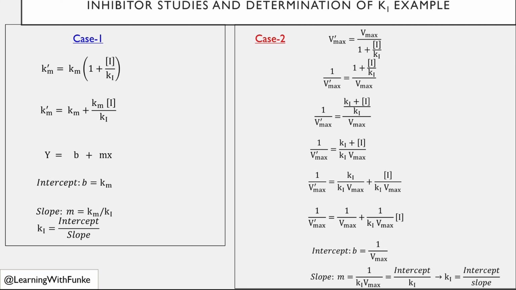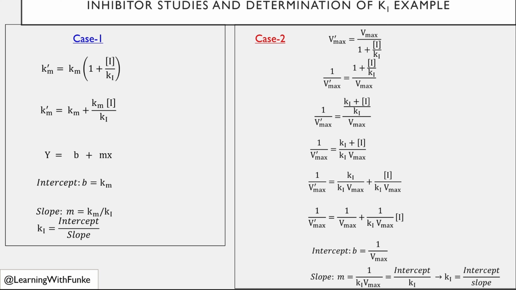Just like you would like to have a low Km value, right? Low Km value once again means you just need a low substrate concentration to achieve the max rate, right? Same thing in Ki, we want a low Ki, right?